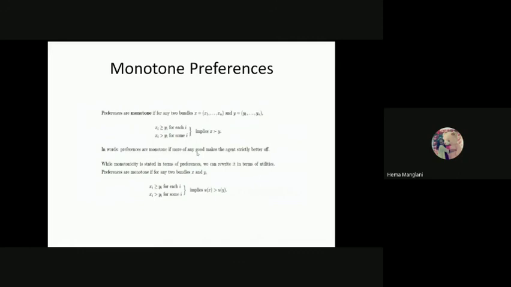So the preferences are monotone if more of any good makes the agent strictly better off. That is why homothetic preferences jump double, triple in the same proportion. And this allows the monotonic transformations and also the convexity as the characteristics of this indifference curve.